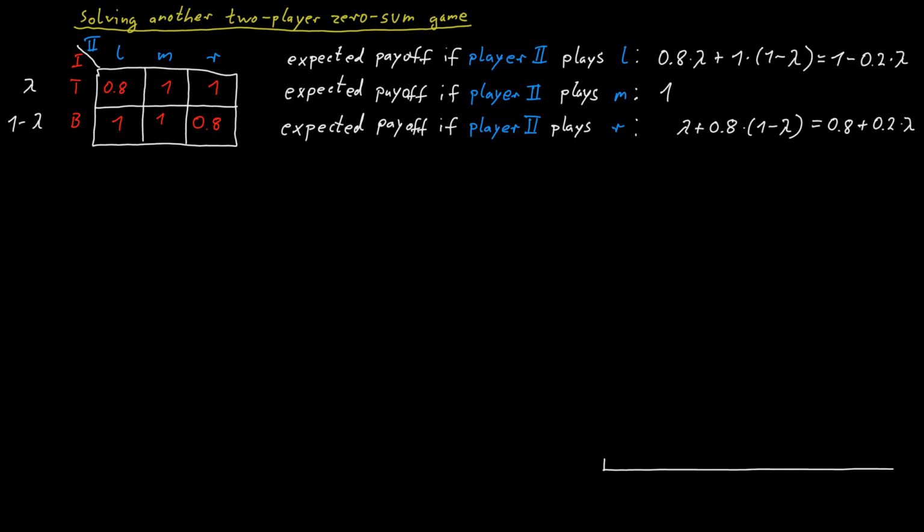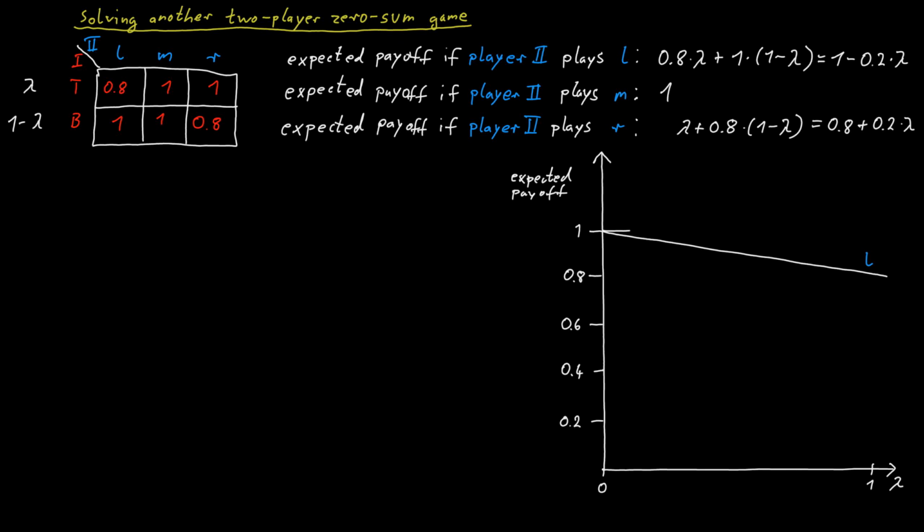We can plot these 3 functions. The expected payoff if player 2 plays strategy L depends on lambda like this. For strategy M, it is like this. And for strategy R, it is like this.